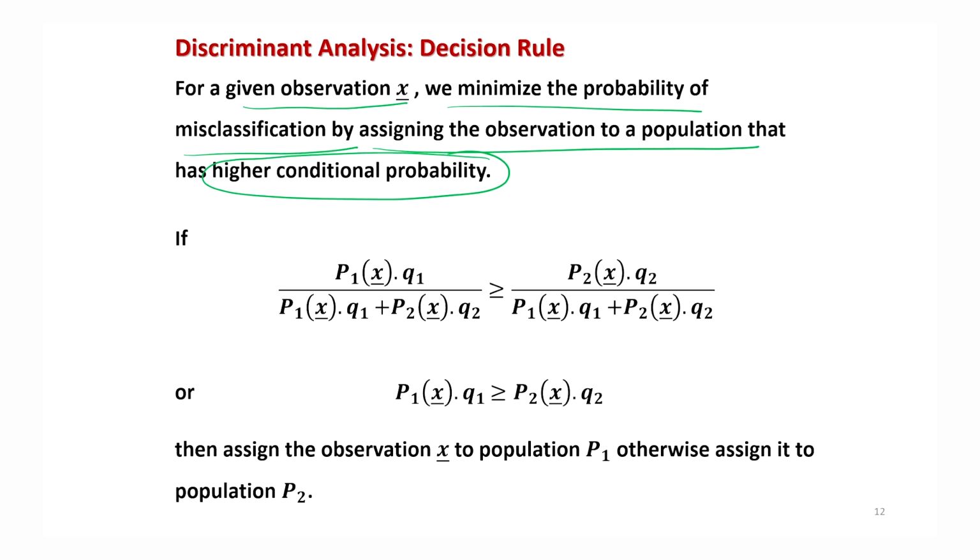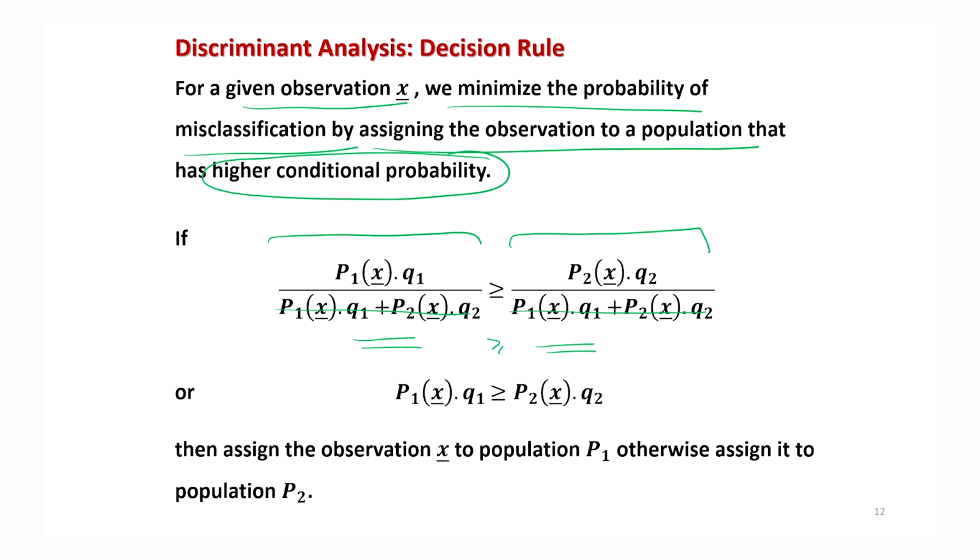So here I have computed both the conditional probabilities, that x belongs to P1 and x belongs to P2, and we try to compare these two probabilities. Suppose this probability is greater than or equal to this probability; you can see this denominator is the same in both the cases.